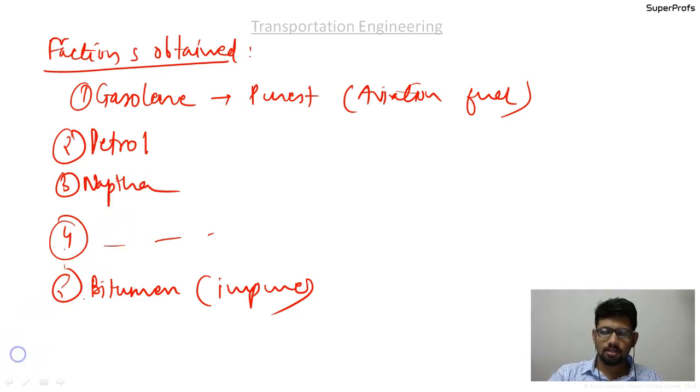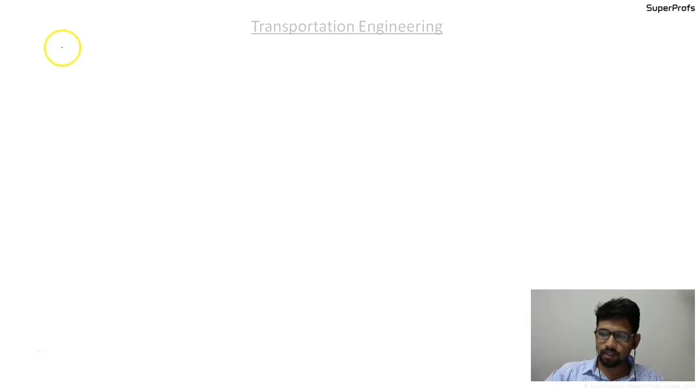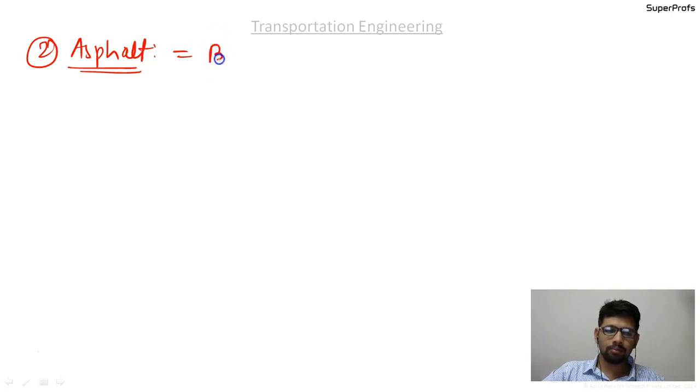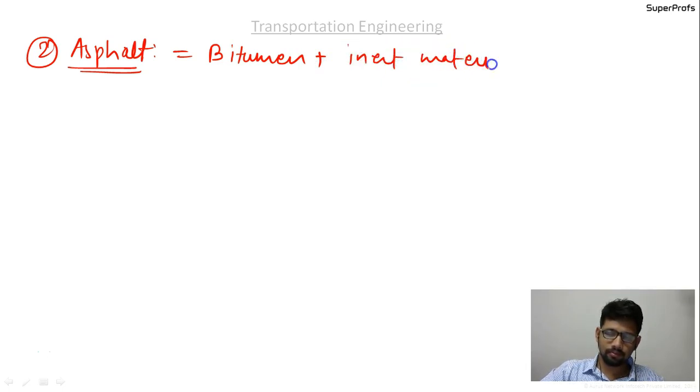So we will now discuss asphalt. Asphalt is simply bitumen plus some inert material, that may be material of minerals.